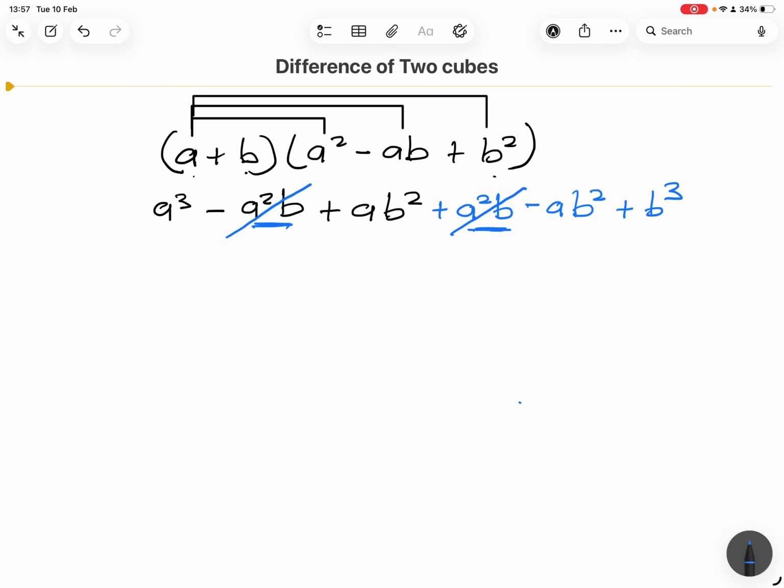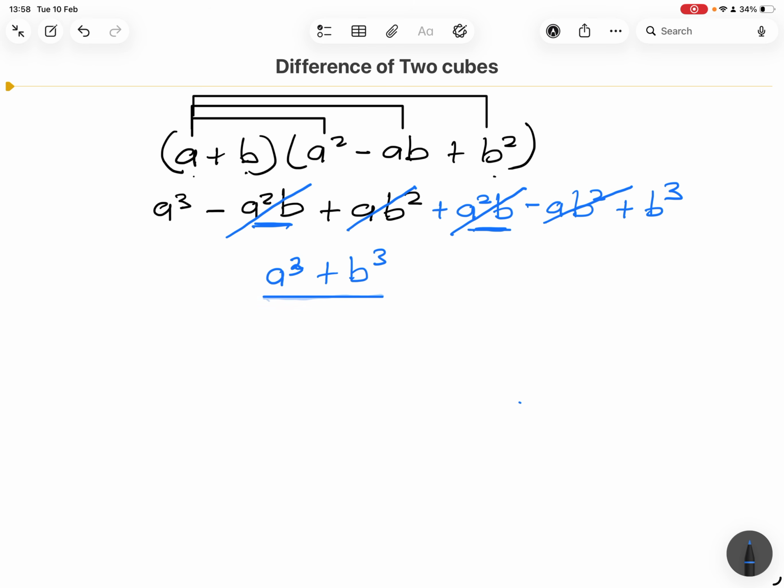And so what happens in this case? It means that I am going to have again a b squared and another minus a b squared. And so what do I end up with? I end up with the sum a cubed plus b cubed.